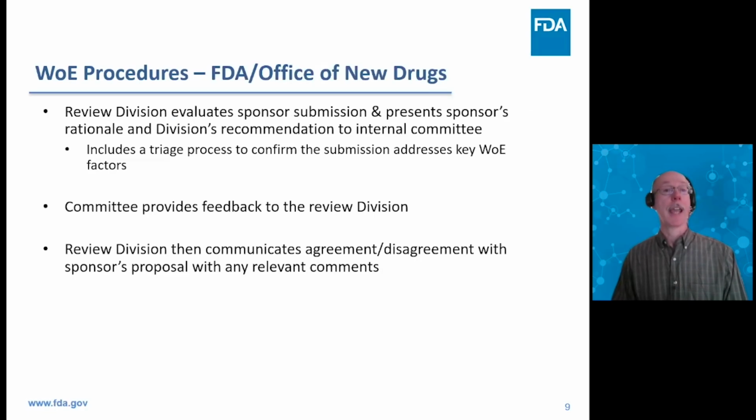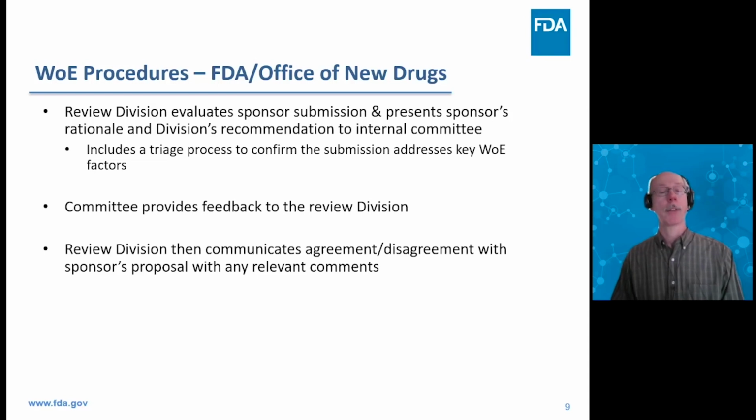As far as within the agency, these requests for weight of evidence assessment are submitted to an application. The review division would review that, and then it would evaluate the sponsor submission and present the sponsor's rationale and the division's recommendation to an internal committee. That committee would then discuss it and come up with a conclusion and a recommendation for the division, and then the review division would then communicate the agreement or disagreement with that sponsor's proposal back to the sponsor.